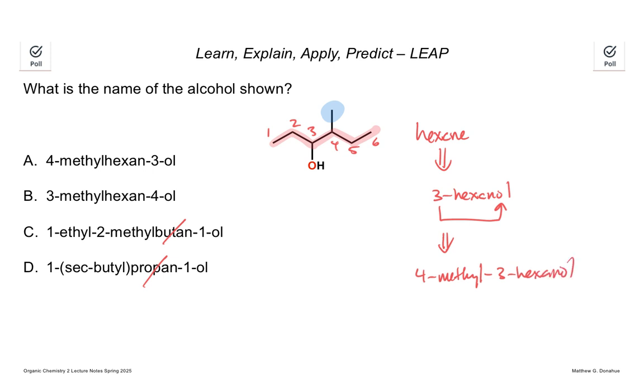That would eliminate B. Choice A writes it differently than I wrote it. This is probably more correct nowadays, where you're putting the 3 right in front of that main functional group, but you can stick it in front of the hexane. It's the same thing.